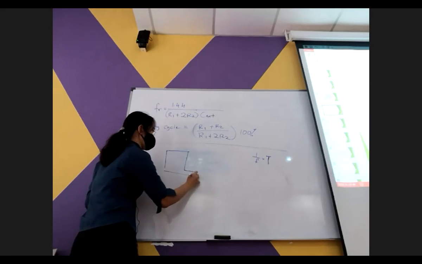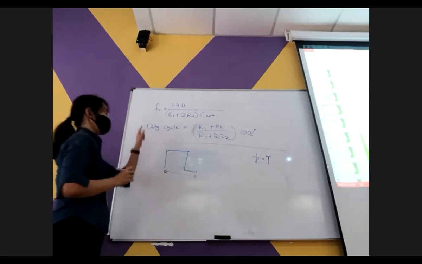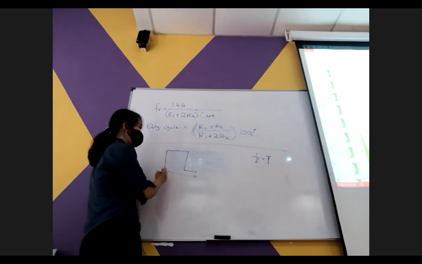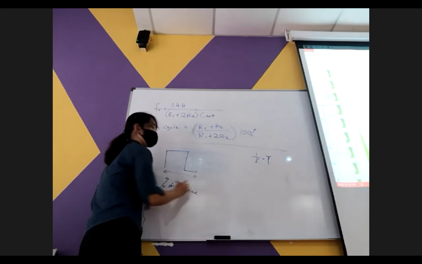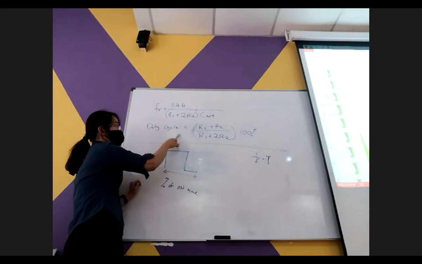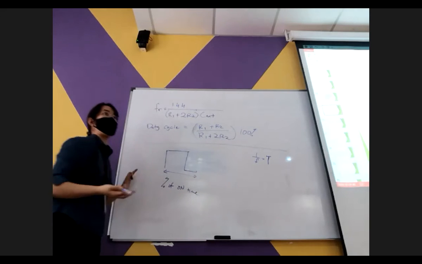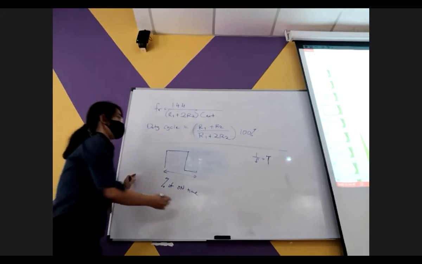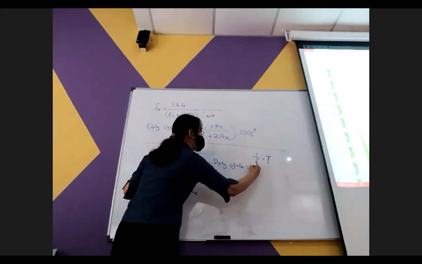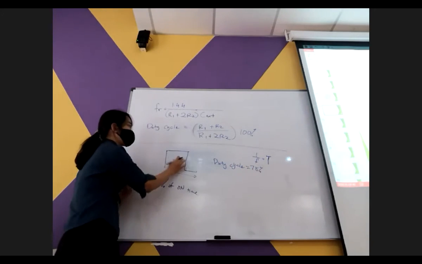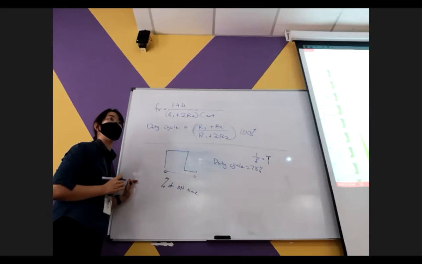So this was 1 cycle. A duty cycle indicates what percentage of the time is on. So if you have a duty cycle equal to 75%, that means 75% was on and 25% was off.